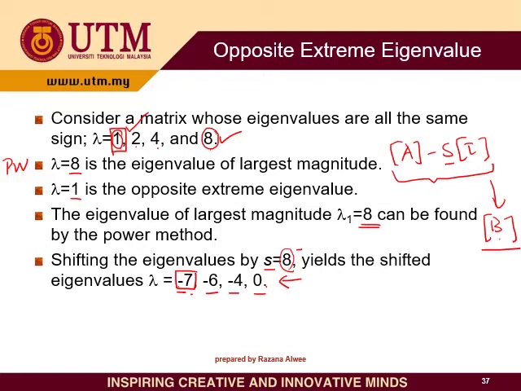In this case, it is 1, because when we minus the scalar, the smallest value 1 here becomes negative 7, which will have the biggest magnitude among the matrix B. Okay, so we will find two types of eigenvalue, the highest and the lowest.